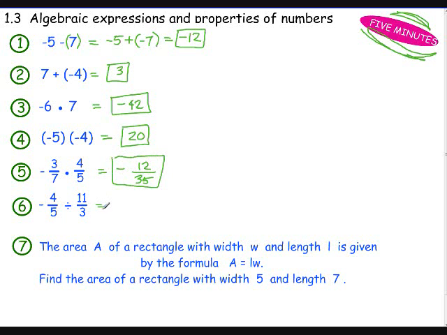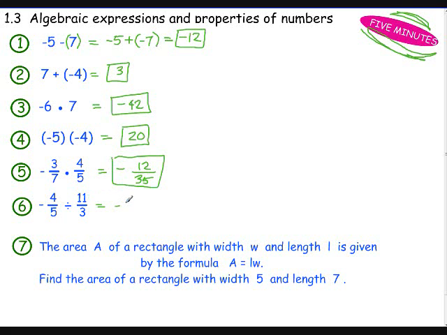This next one is a division problem, but I prefer to work it as a multiplication. You remember that. Stay, change from division to multiplication, and flip. Take the reciprocal.